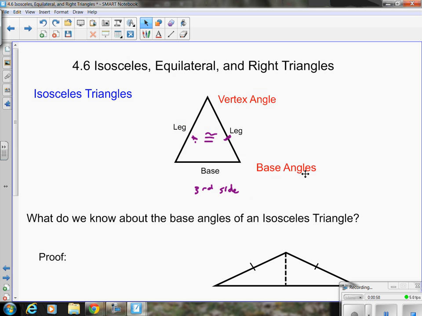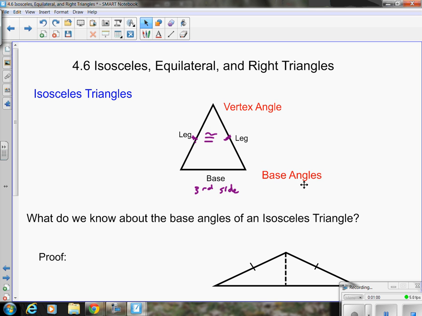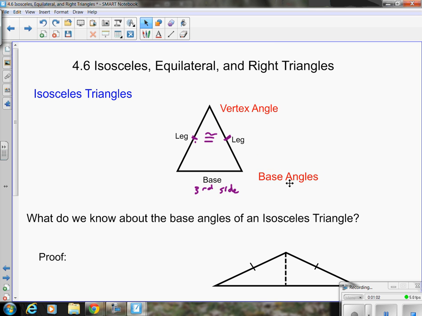There you go. Base angles are these two down here. Okay, they're opposite the legs. Vertex angle, my third angle, is opposite the base.